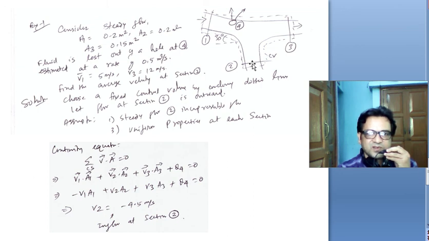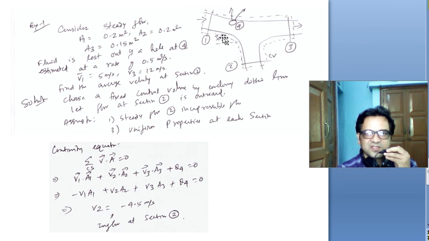So here we have to find the velocity, which simply means the continuity equation will be satisfied. The volume is entering, and from the volume flow rate we will get the velocity. So we will use the integral expression for the continuity equation for the control volume. We will choose a fixed control volume, surrounding the whole system by dotted lines.